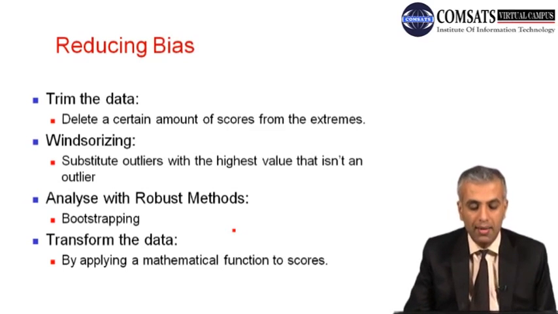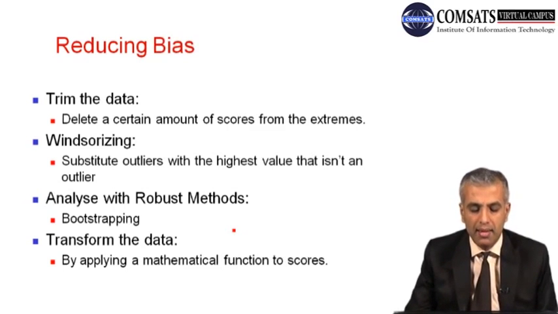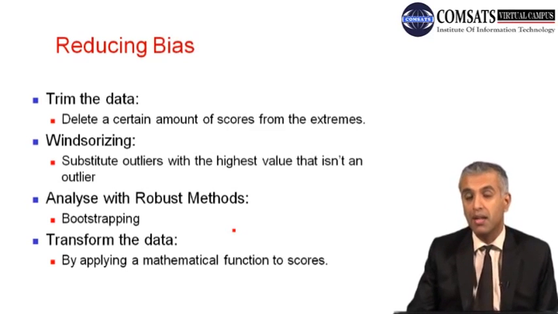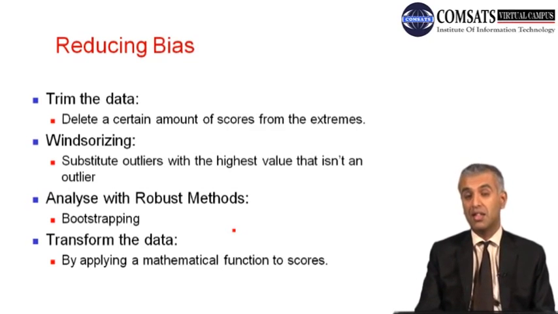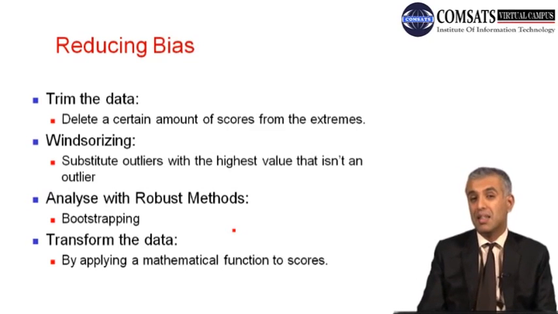In winsorizing, this substitution of outliers, however, should be done while keeping in view the relevant theory which you are following, and whether replacing the extreme value with the highest value would affect the relationship which you want to test or not.